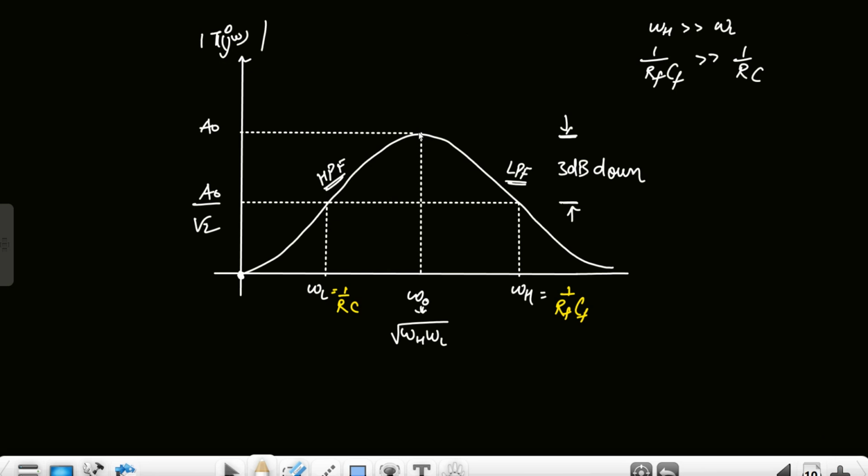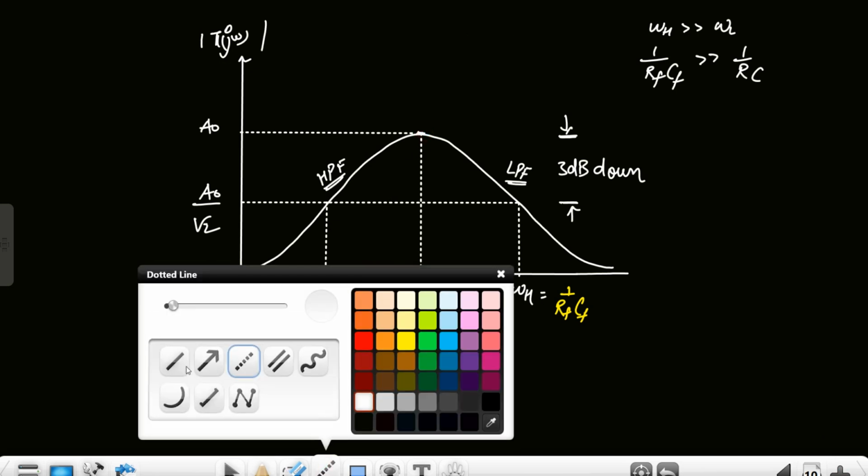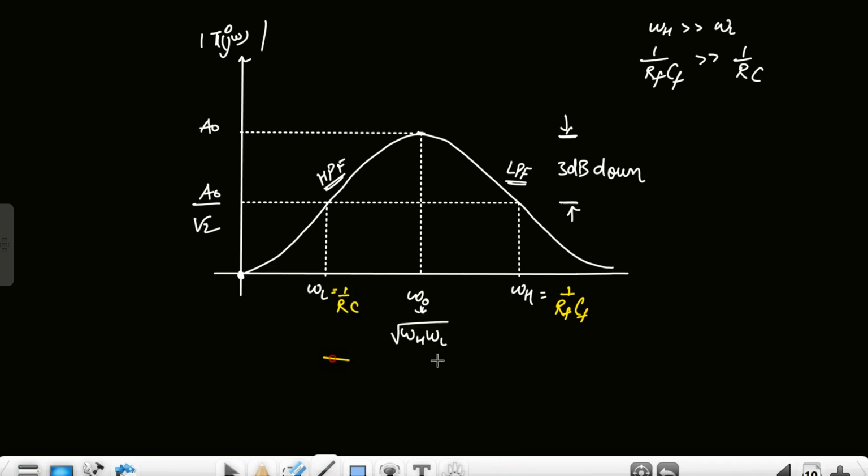Now this is the bandwidth. It is omega h minus omega L, right? And this is the maximum magnitude, or we can say the midband gain.